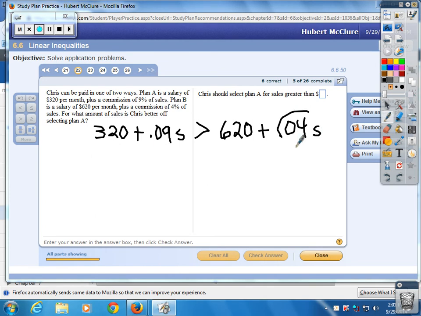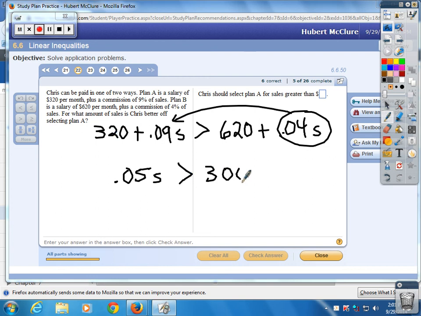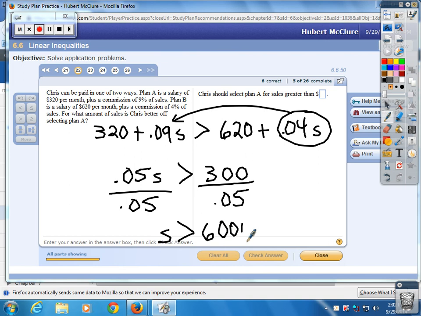Bring 0.04 over. What's 9 cents minus 4 cents? 5 cents. Greater than 320. What's 620 minus 320? Divided by 0.05. Somebody give me that number. 300 divided by 0.05. Say again. I didn't hear you. 6,000.